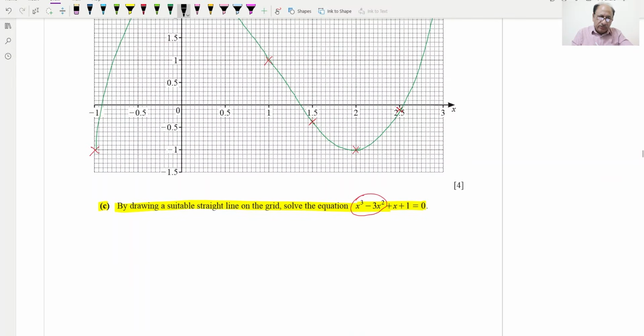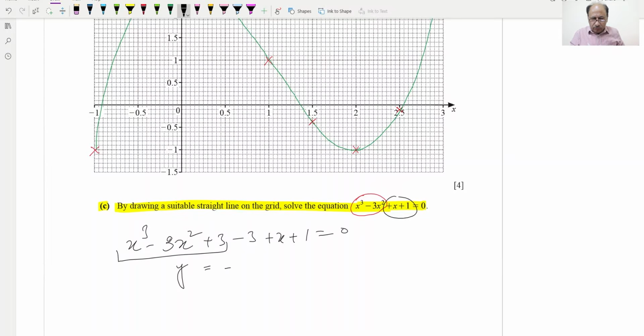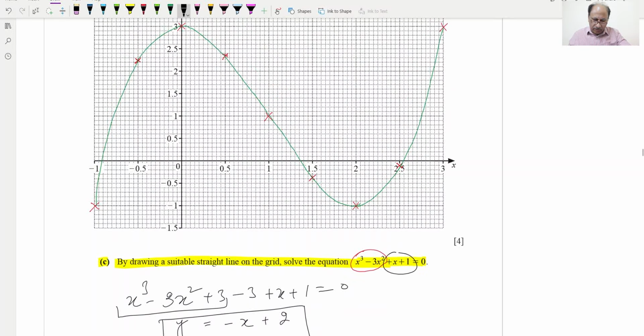We'll reshape it like x cube minus 3x squared. We will add 3 and subtract 3, and this remaining portion we can write plus x plus 1 is equal to 0, and this is our y portion, so we can write y is equal to minus x, and this will be minus 2 and the other side will be plus 2. So this will be our equation which we want to draw. Hopefully you understand.